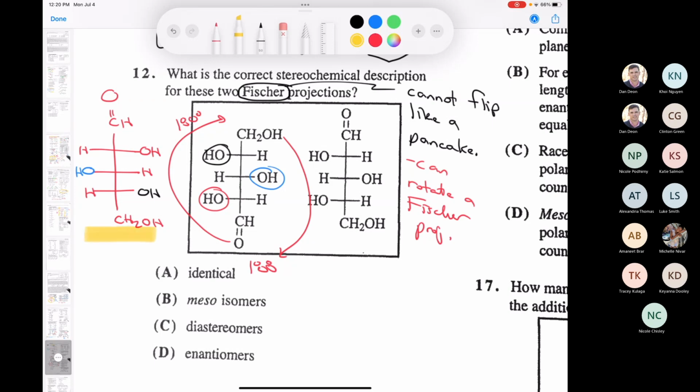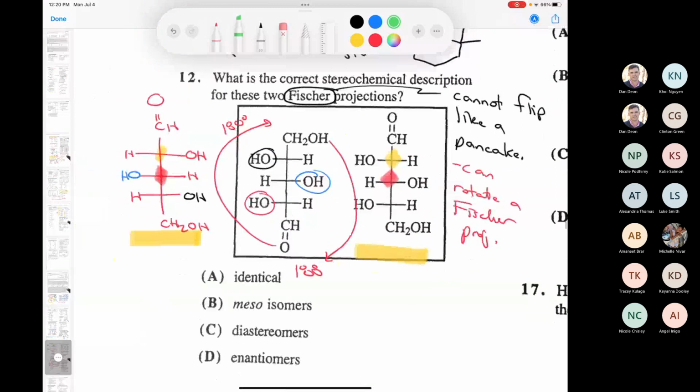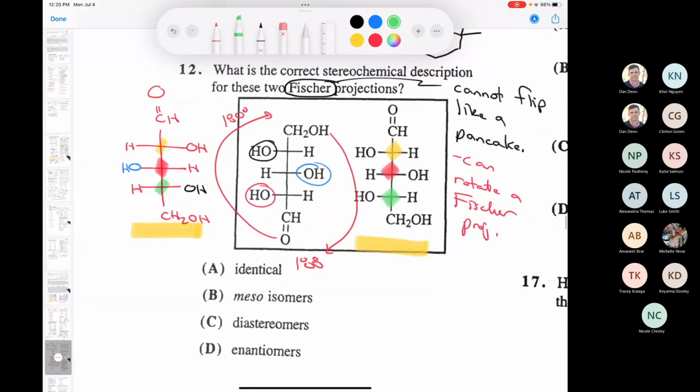So if we compare this compound and this compound, what do we see? We see that they're mirror images at the three stereocenters, right? This is opposite, this is opposite, and this is opposite. And so therefore, these two compounds are enantiomers of each other.